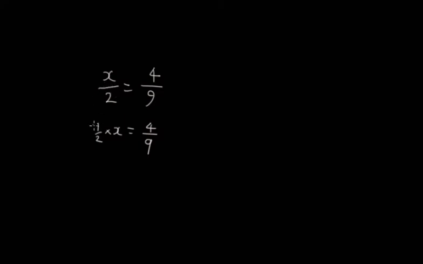We want to get rid of this half or this 2 here. If we times this side by 2 and times this side by 2, we deal with that half. 2 times a half is 1, so we're just left with x. And then on this side we've got 2 times 4 is 8 ninths. That's how we deal with that one.